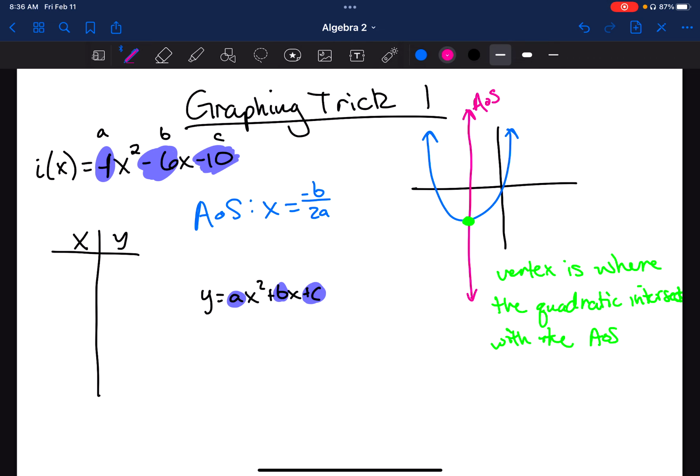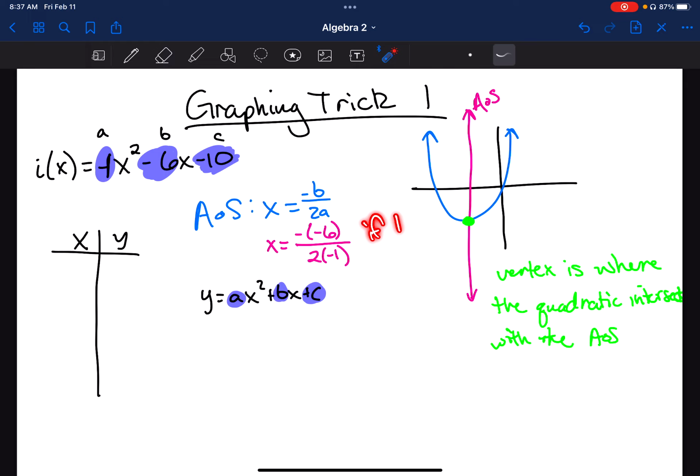Let me get my pink pen back. So I have that x equals the opposite of -6 divided by 2 times -1. So count up your negative signs. We have here 1, 2, 3.